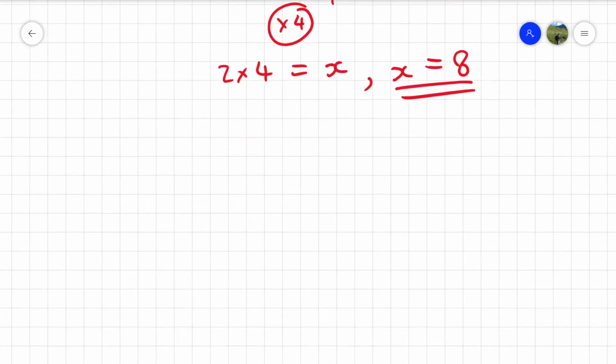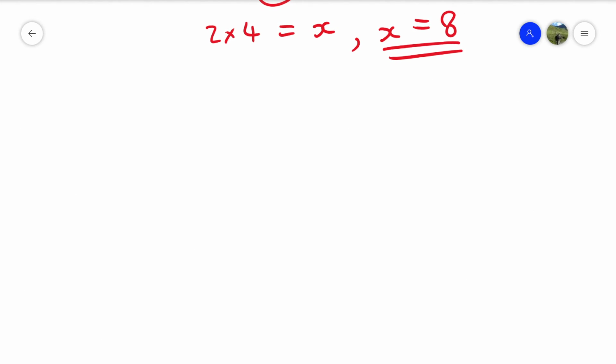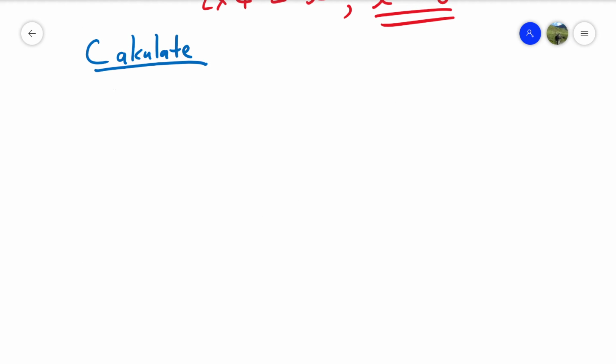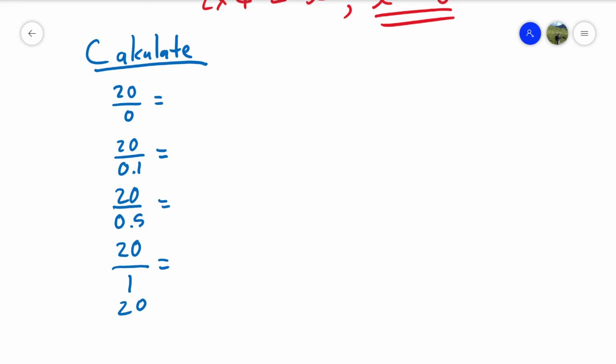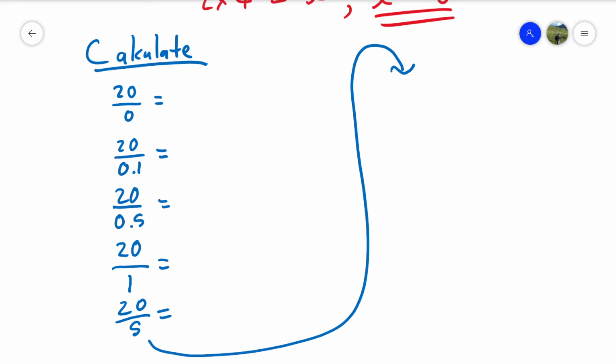Let's do the next question. Right, the next question is a calculate. And this is a biggie. We've got a big list here, so I'll tell you when I've finished. So the list kind of carries on over here.